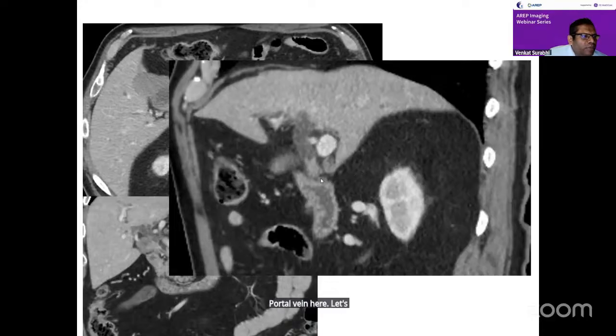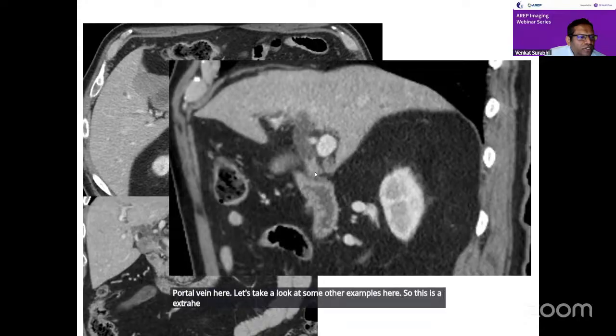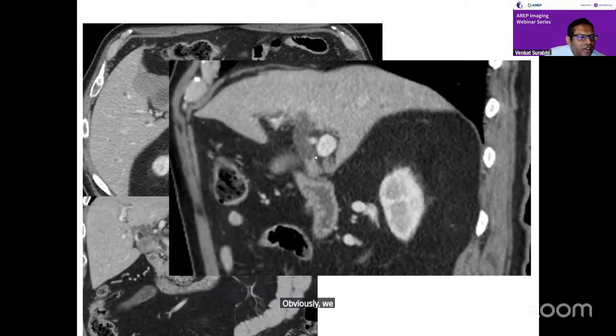Let's take a look at some other examples. So this is an extrahepatic tumor. We can see concentric wall thickening causing occlusion of the common bile duct, leading to some upstream dilation.